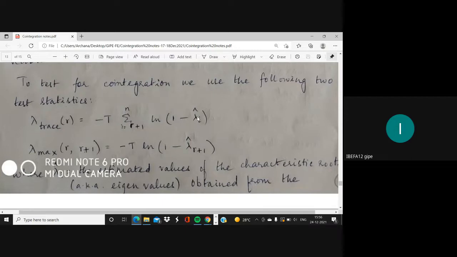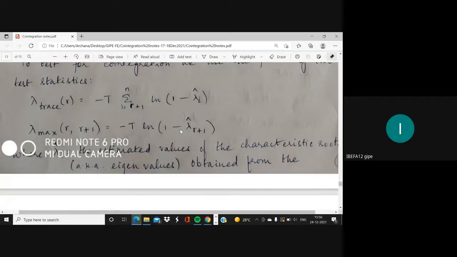If it lies between 0 and 1, then you will find that this term has to be some small value or negative value. So this is how lambda trace is calculated. Then for lambda max, you'll be calculating r plus 1. Generally, the null hypothesis and alternative is listed on the next page, so I'll take you through that.